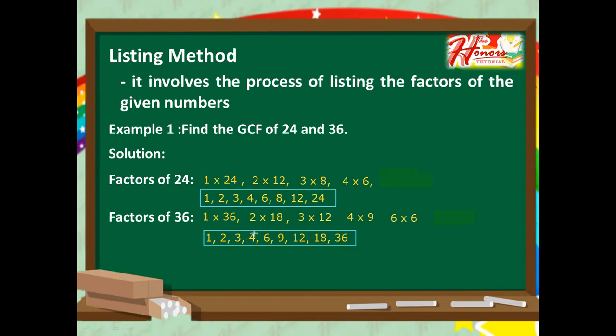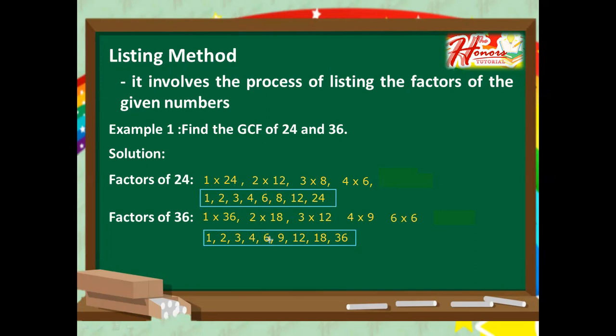For example, 4 and 4. 24 has 4, 36 has 4, so therefore it is one of the choices in choosing the greatest common factor of 24 and 36.